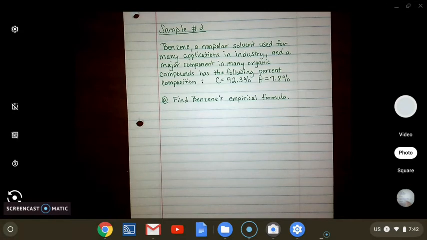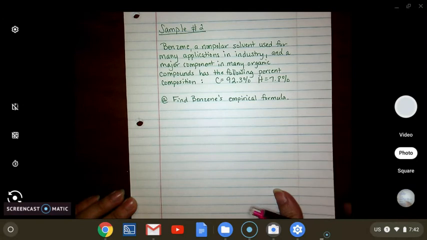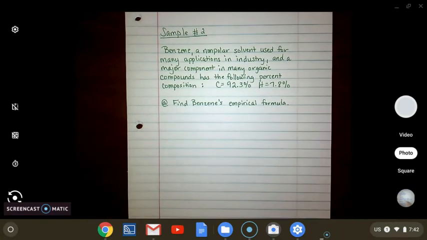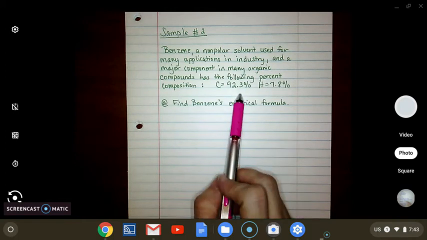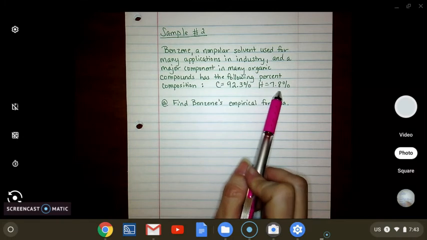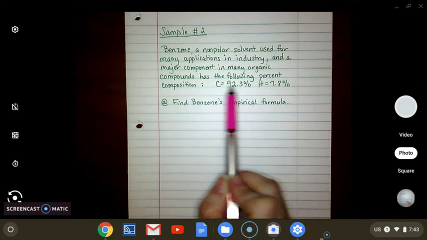All right, so in this one, you have benzene, which is a nonpolar solvent used for many applications in industry and a major component in many organic compounds, and it has the following percent composition: C is 92.3% and H is 7.8%. So remember, this can turn into grams. Percent is grams.